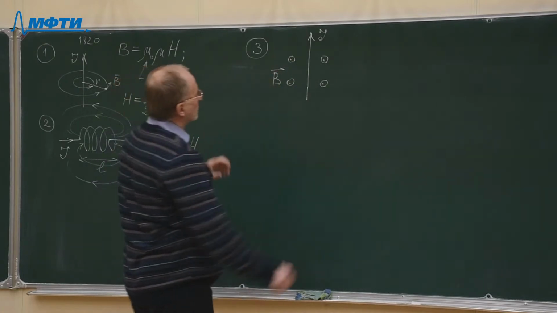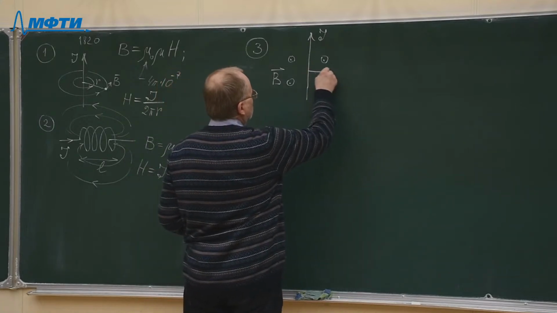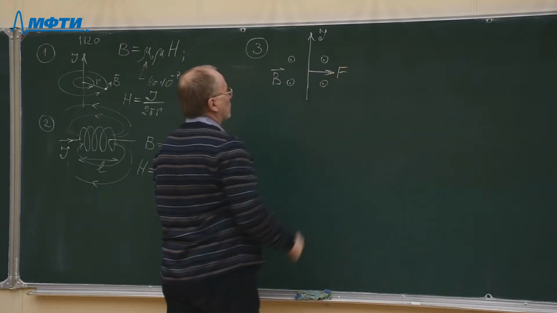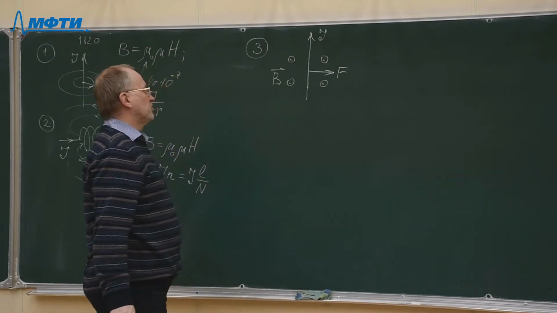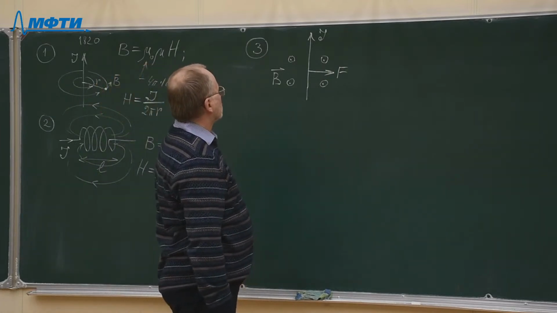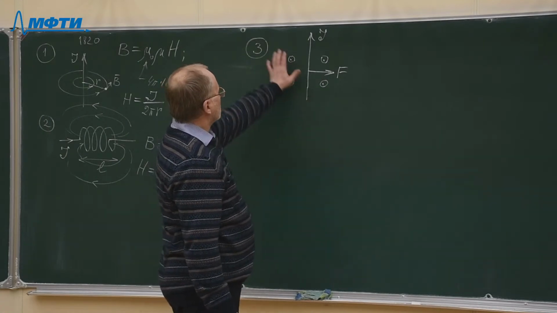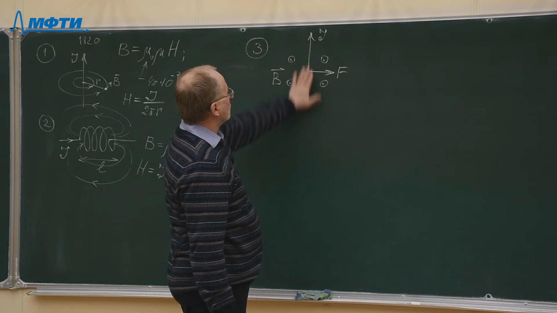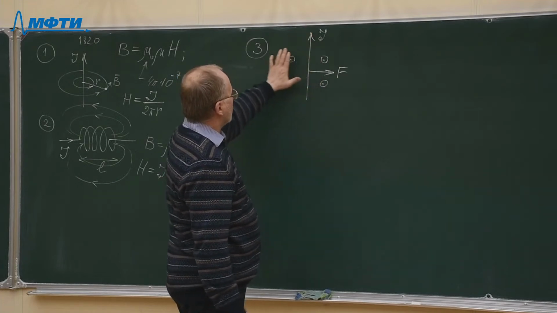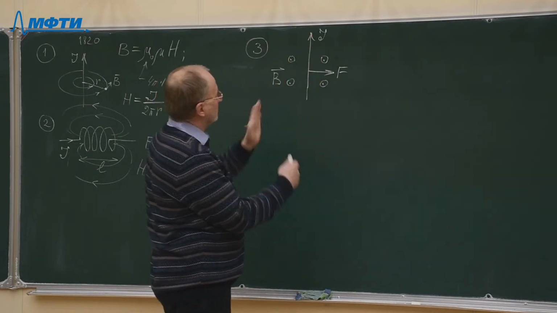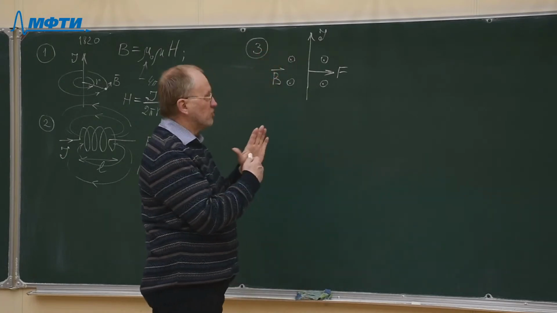Then there will be a force acting on the wire with the current, a force from the magnetic field, and the direction of this force can be determined using the left hand rule, when you put your fingers in the direction of the current and your palm in such a way that the magnetic field vector enters your palm.